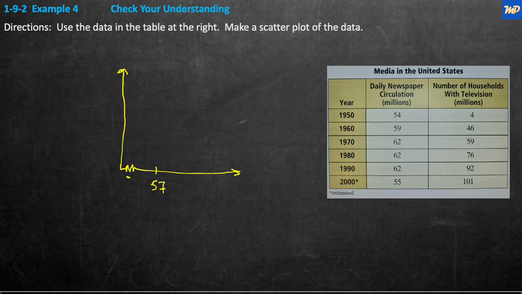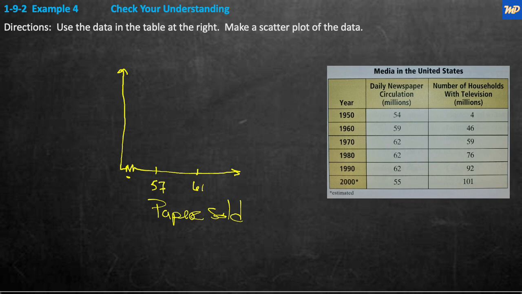And then let's pick another one over here, say 60, I don't know, let's say 61. And then over here, this one is papers sold or distributed.